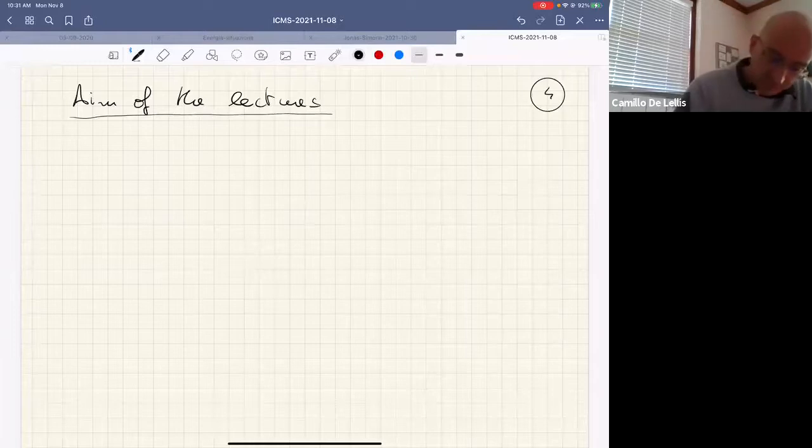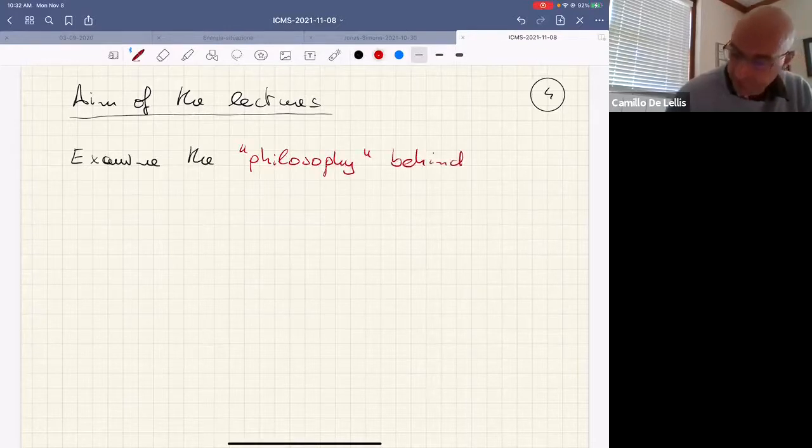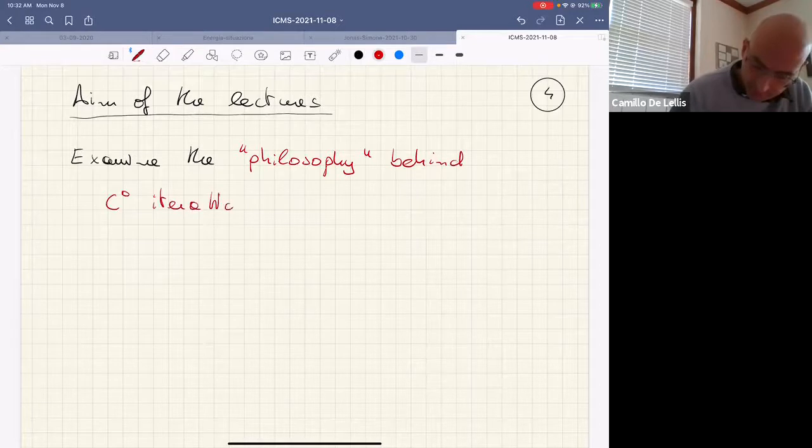So first of all, the aim of the lecture is to examine the philosophy behind what I will call C0 iterations for the Euler equations.